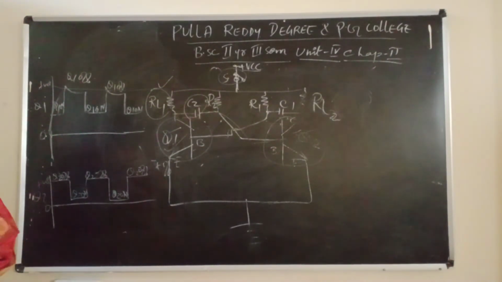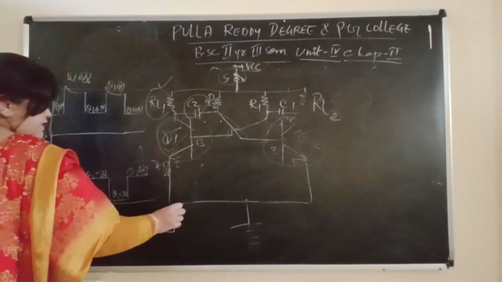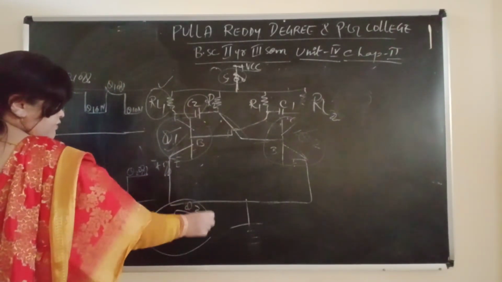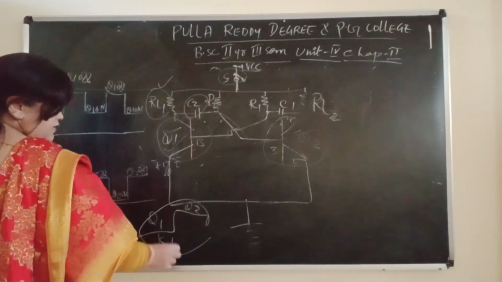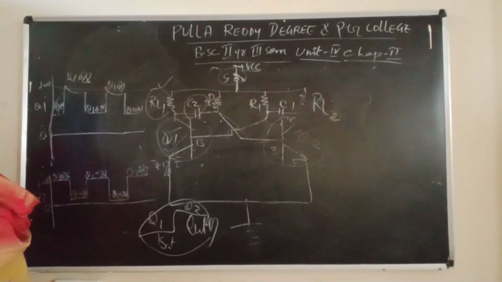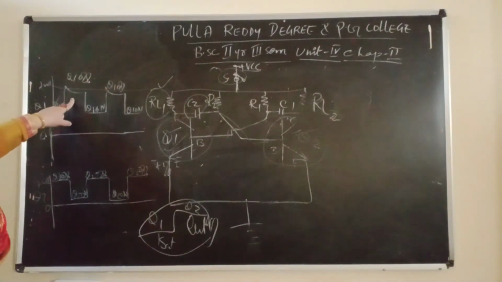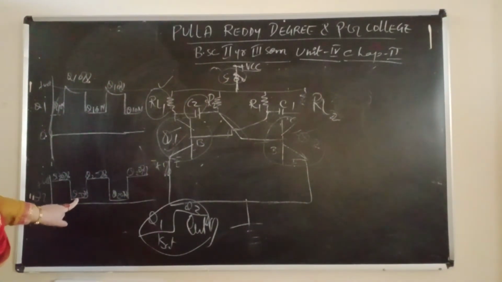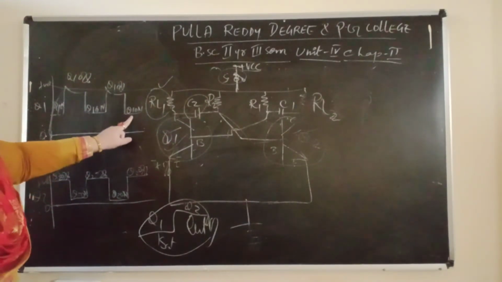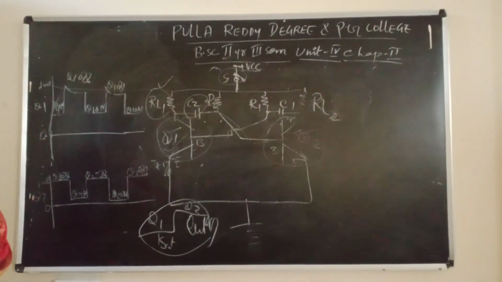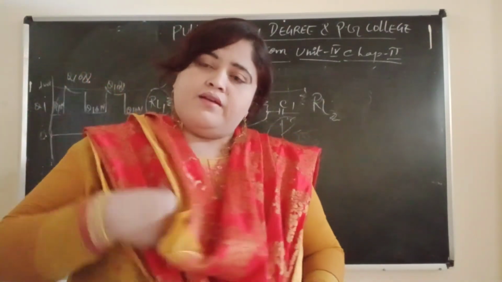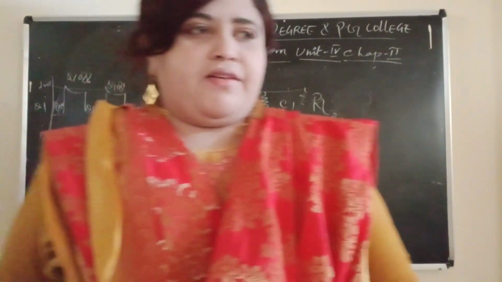In this sense it will generate this type of waveform, with Q1 in saturation and Q2 in cutoff. Like this the procedure continues: off, on, off, on. So like this we will get the waveform of the astable multivibrator.